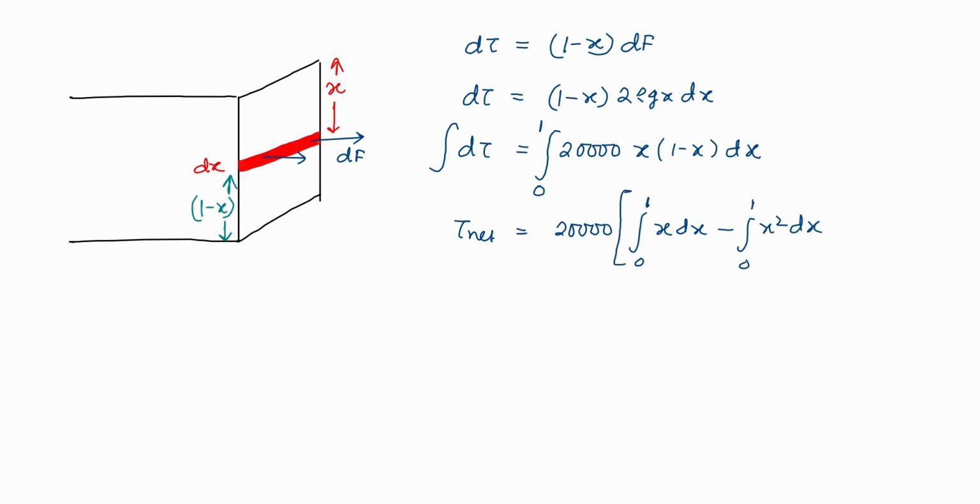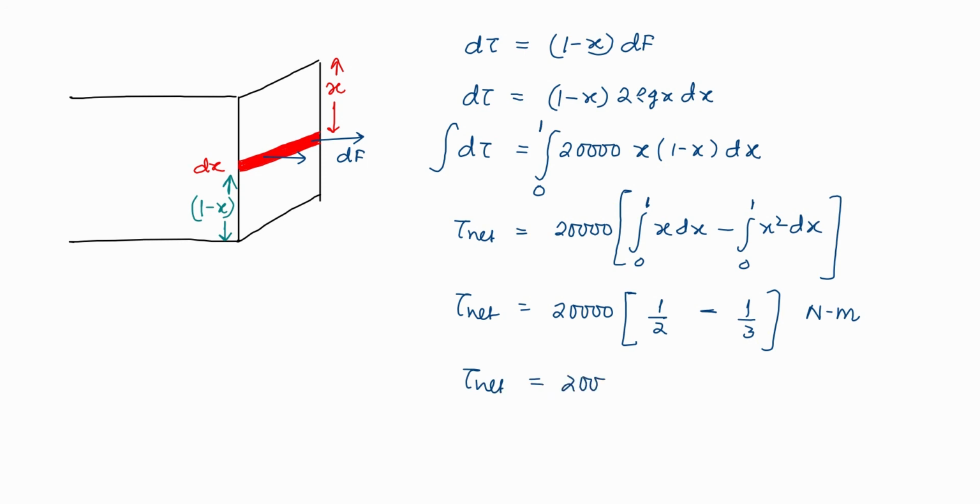The integral of x dx is x square by 2, that is 1 by 2 minus 0, minus x cube by 3, that is 1 by 3. The answer will be in Newton meter. So the net torque is 20,000 into 1 by 6, that is 10,000 by 3 Newton meter.